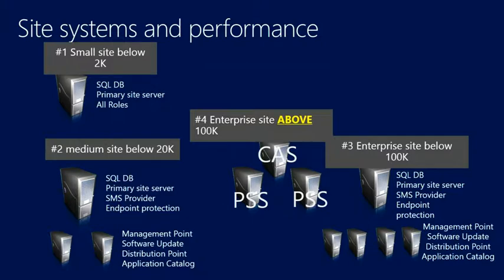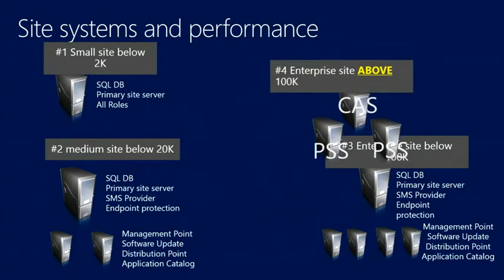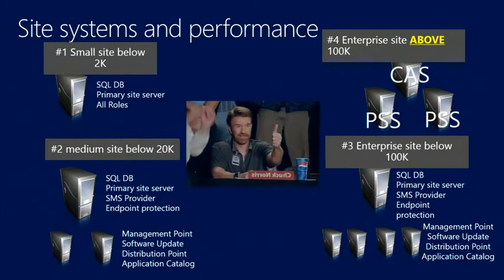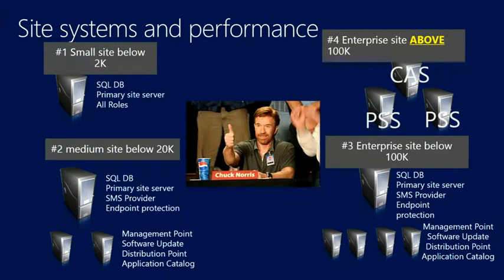But this is where I see more and more companies actually setting up multiple primary sites and adding more and more complexity to the environment, because they say, hey, we are 32,000. And yeah, sure, but we can easily support you with a single primary site. And if you are an enterprise, really enterprise, then of course you have to go with a CAS. And this design has been approved by Chuck Norris, so it should be good enough for you as well.